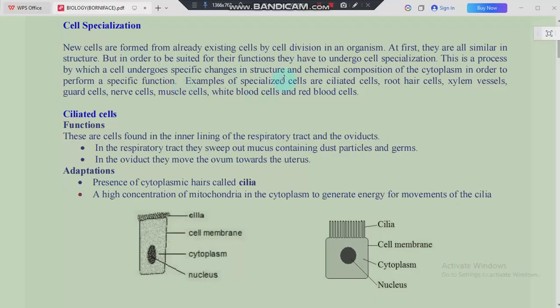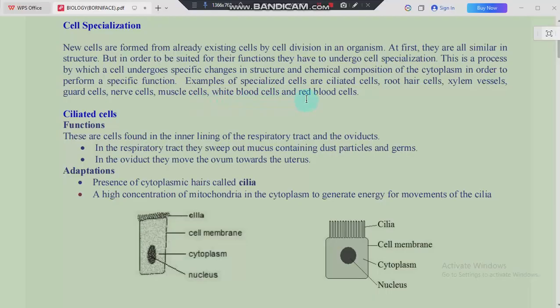So we have examples of specialized cells, and among the examples we have the ciliated cells that are found in humans, and we also have the root hair cells that are found in plants. We have the xylem vessels, we have the guard cells, we have the nerve cells, we have the muscle cells, we have the white blood cells, and the red blood cells.